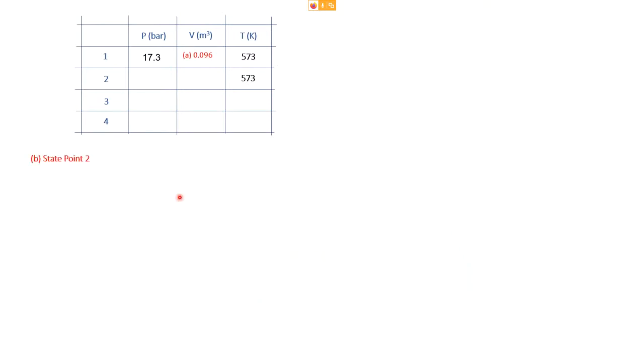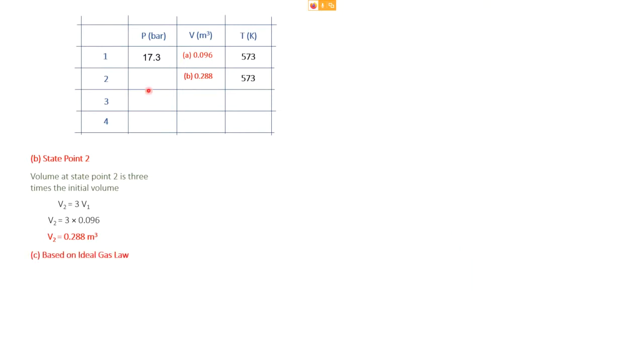Then you have state point 2. The volume at state point 2 is 3 times its initial volume, that is given in the question. That means V2 is 3 times V1, so you can find out V2.